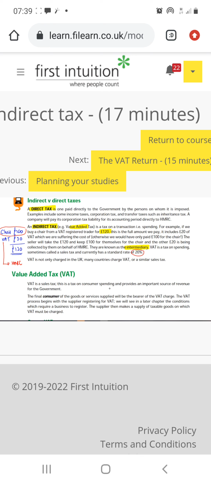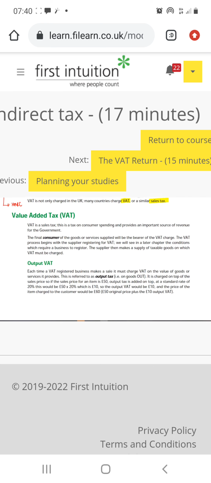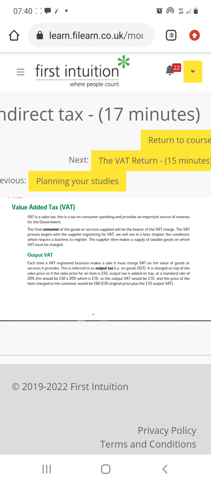Now, VAT isn't unique to the UK. Lots of other countries also have VAT, and it comes with a wide range of different names. So VAT in the UK or equivalent sales taxes elsewhere. VAT in the UK system, of course, is the one that we are focused on here. As a reminder, VAT is a type of sales tax and it's a tax on consumer spending.